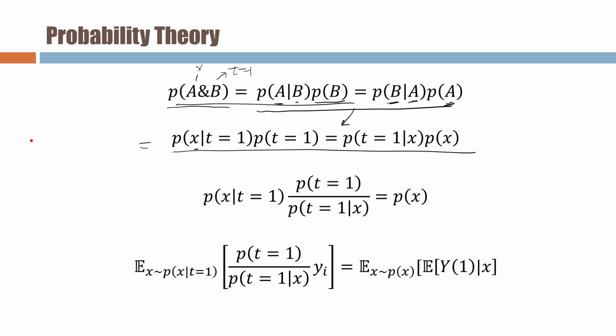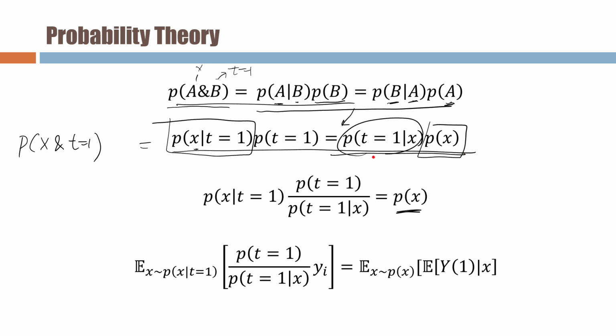Both of them will be the probability that X and T equals 1, right? And then, because this is the thing we know, what we need is the P of X. So I want to leave the P(X) here, and then you have to divide both sides by P(T equals 1 given X), both sides, right?